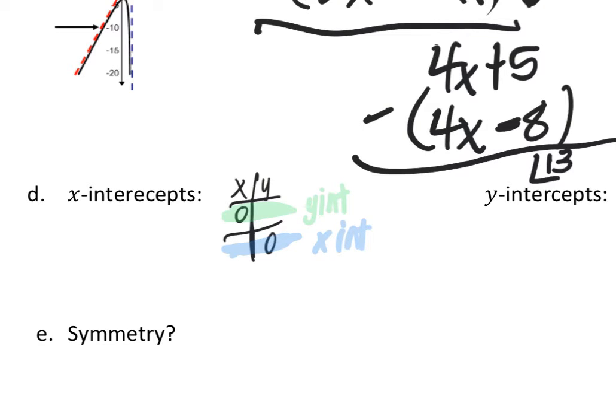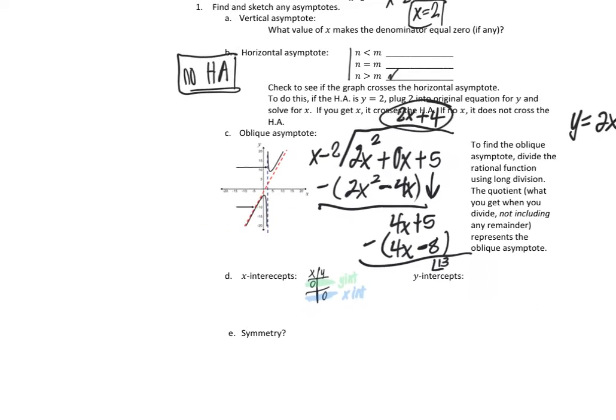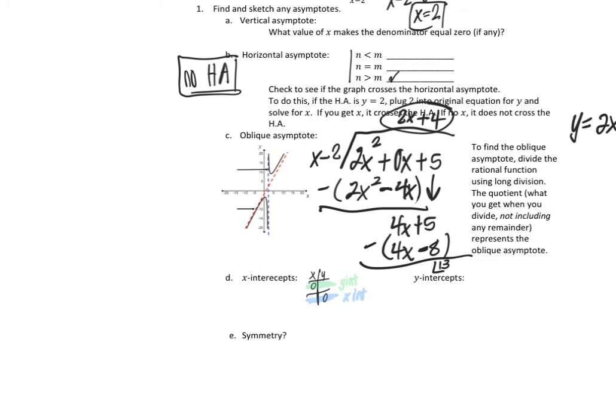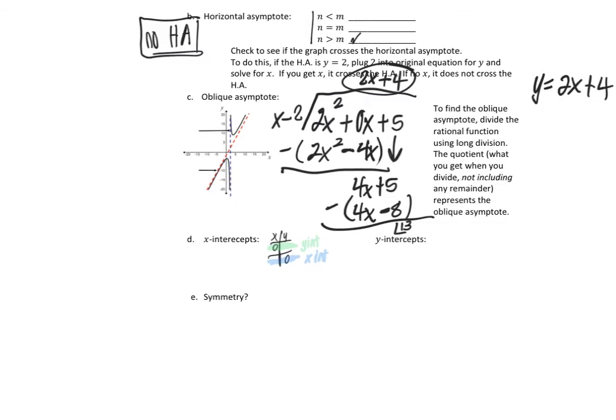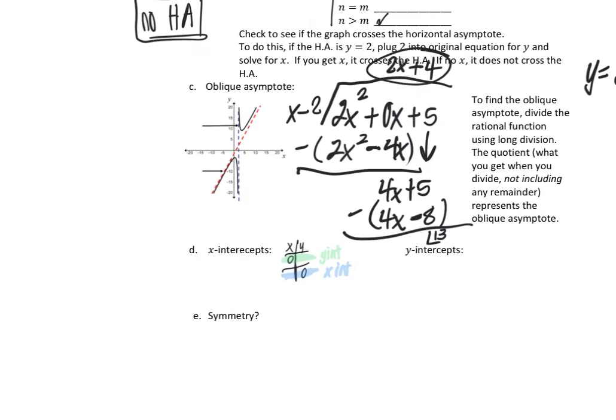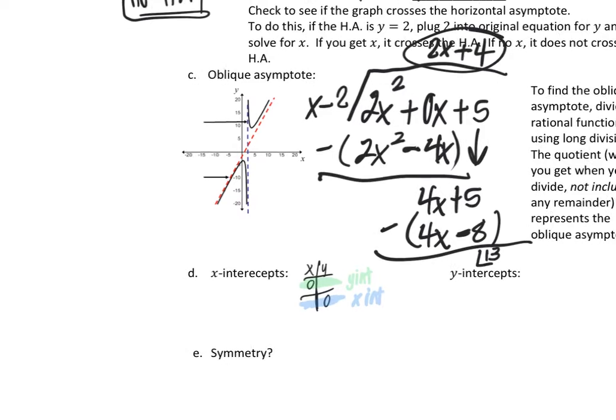Okay, so let's plug those values into the function and see what we get. The function of, let's see, gotta find it, 2x squared plus 5 over x minus 2. Sorry, y'all, I'm trying to zoom it in.